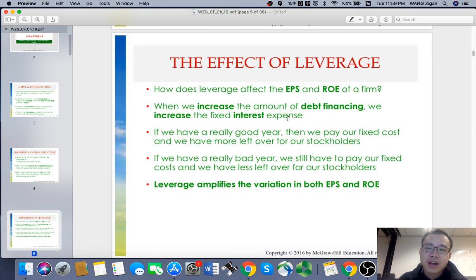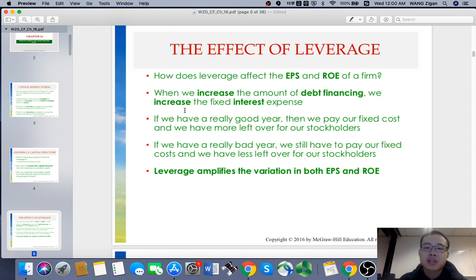So what is the effect of the leverage? How does the leverage affect EPS and ROE? Earnings per share is calculated by the net income divided by the number of shares, and ROE is the net income divided by the equity value of the firm. So when we increase the amount of debt financing, we increase the fixed interest expense.